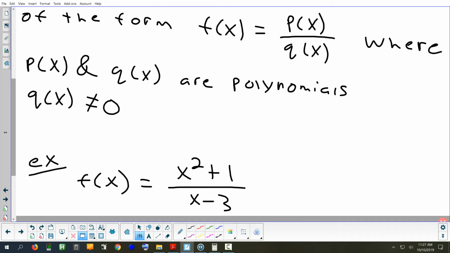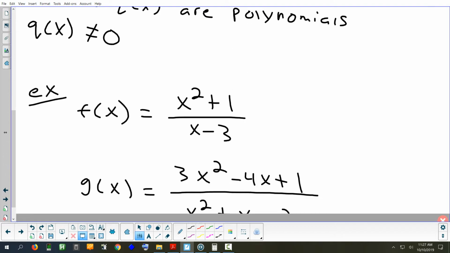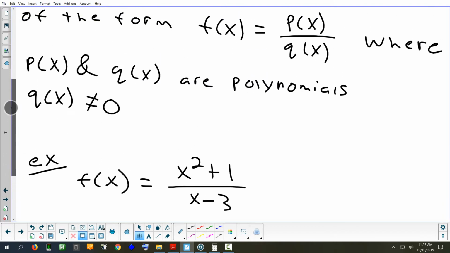So there's an example of a rational function. I don't think I'm actually going to do anything with it. I'm just showing you an example rational function. Maybe later we will, but I don't think I do anything with it yet. So it's an example, not an example to solve, just an example of what a rational function looks like. X squared plus 1 over x minus 3.